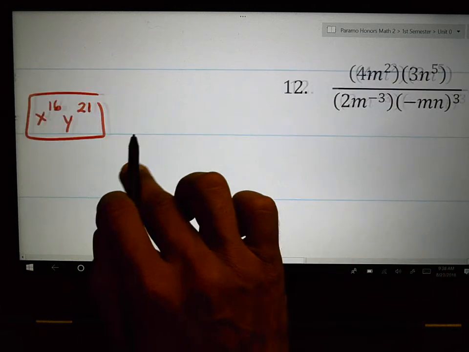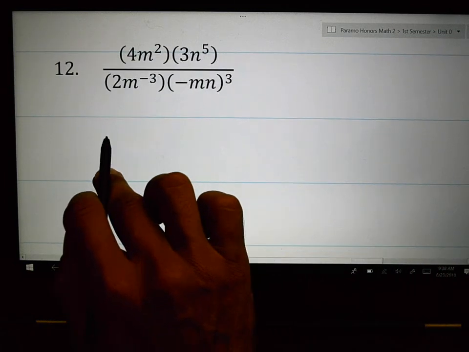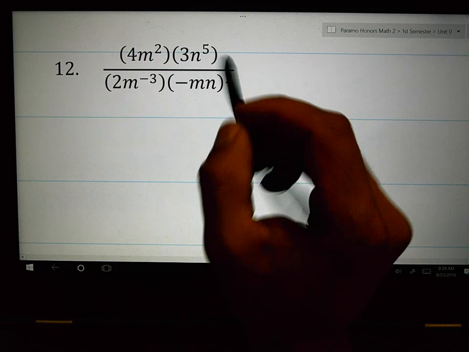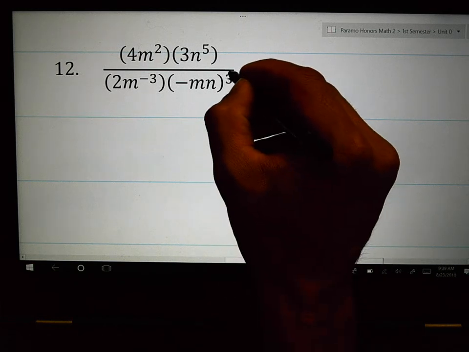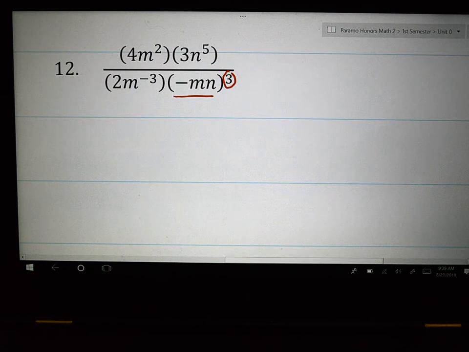Now that you have that, let's look at number 12. I see one pair or one exponent outside of parentheses. I have to deal with this 3 and this negative mn first.